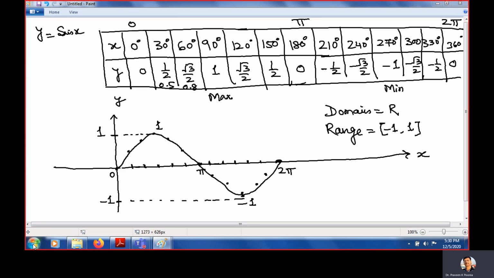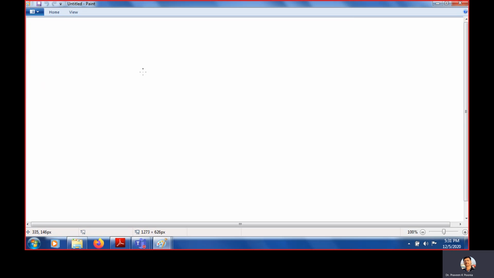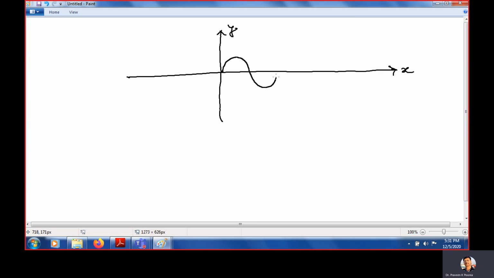Clear? If we want to draw this graph in the long term, then you will be happy to see this graph. This is very simple, and this is the x-axis, this is the y-axis. Now start here, going here, start here, going here, like this, and the negative side also.